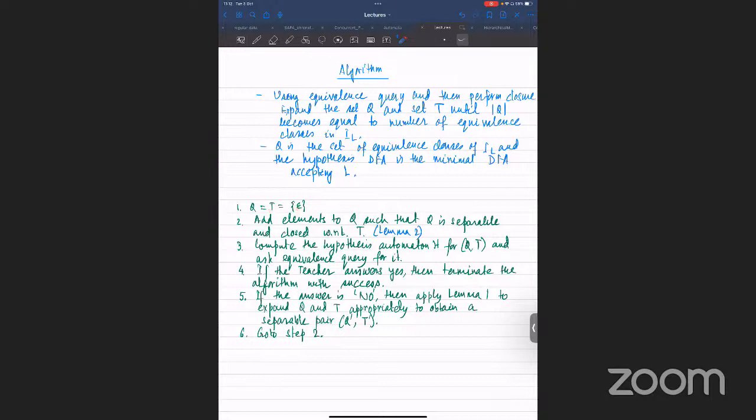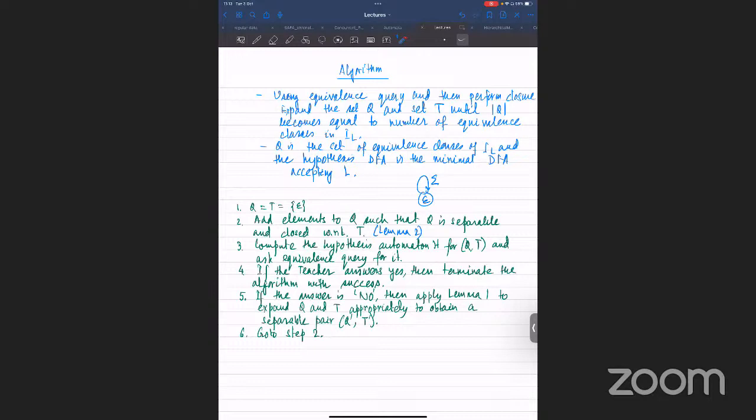You just have one state, one string in Q, so you don't have anything else that you would like to distinguish. So this is separable. The initial automaton can look like you have the epsilon, you have the sigma like this, and your T is like this.